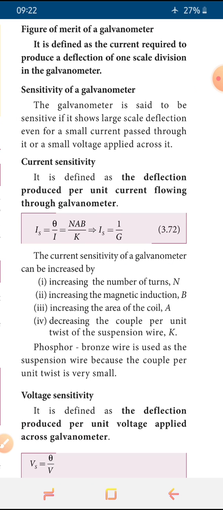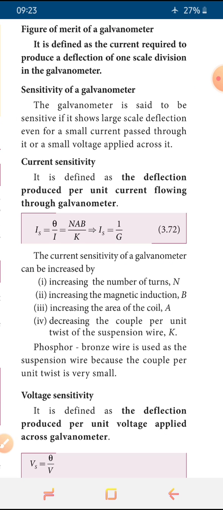Substituting it, we get NAB divided by K. Then we can write Is = I divided by 1 by G. This is the formula we get for current sensitivity.